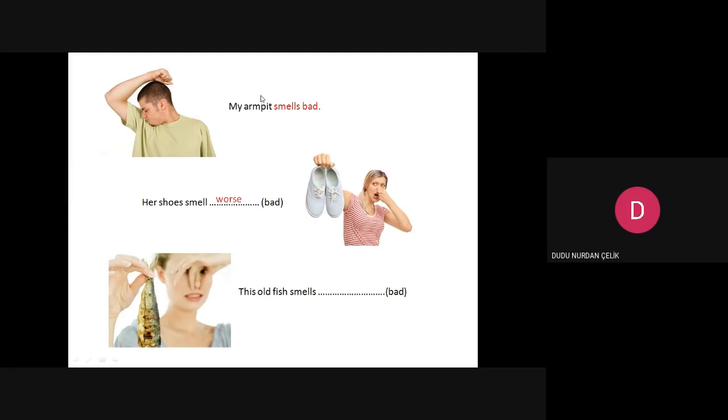Bad is irregular, remember? It changes to worse. Her shoes smell worse. And, oh, awful. Fish. We compare these three. This is a group of three now. And we say, this old fish smells the worst.